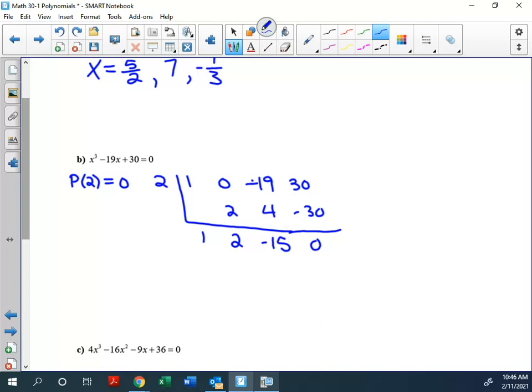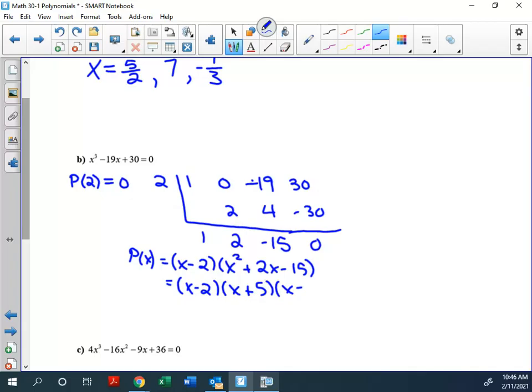I can now state that my polynomial is x minus 2, x squared plus 2x minus 15, x minus 2, x plus 5, x minus 3. The solutions are therefore -5, 2, 3.